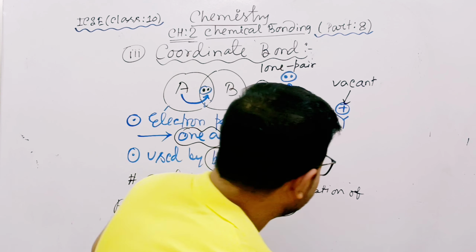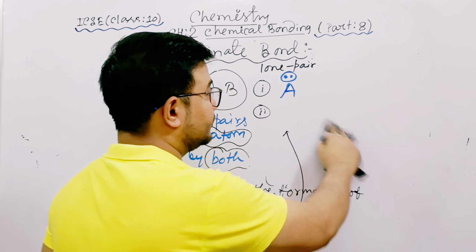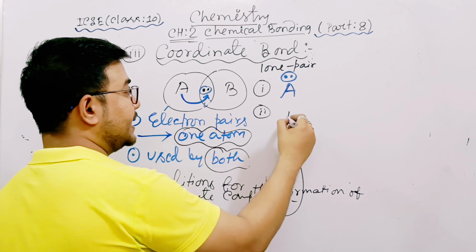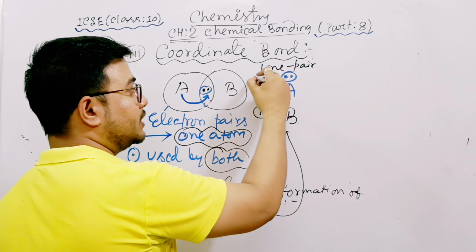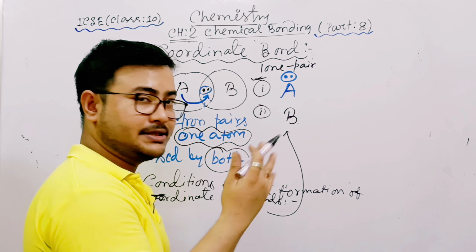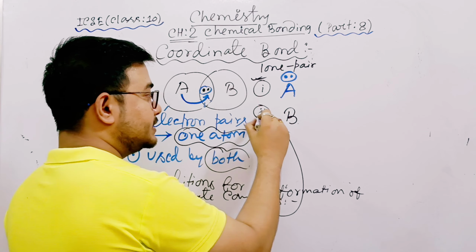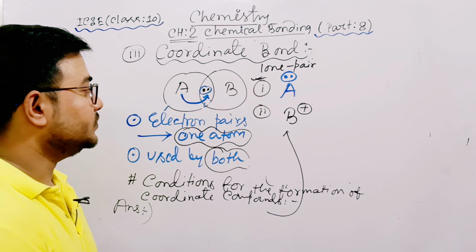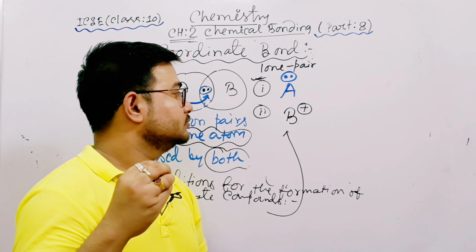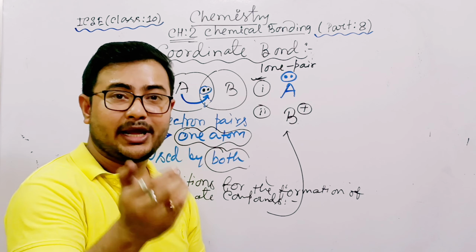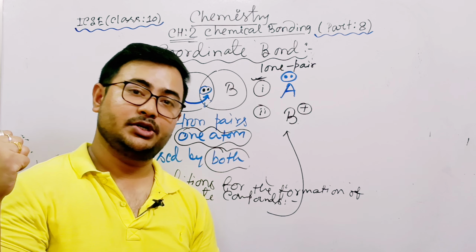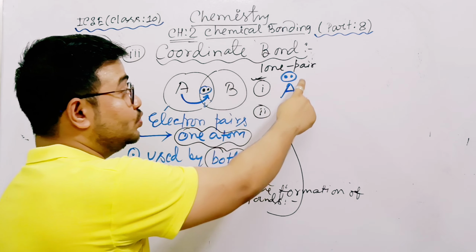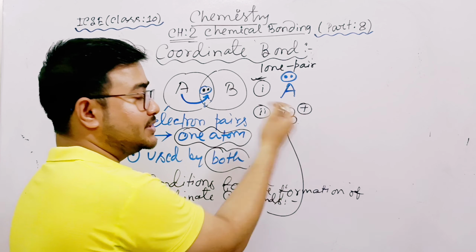So what is our second condition? First condition: one atom has extra electron density or a lone pair. Second condition: one atom has vacant space to accept the electron.